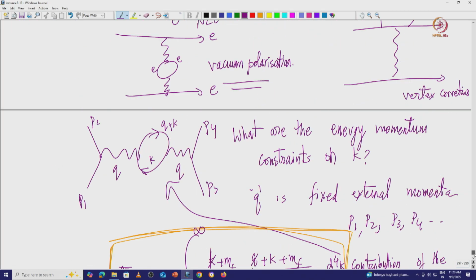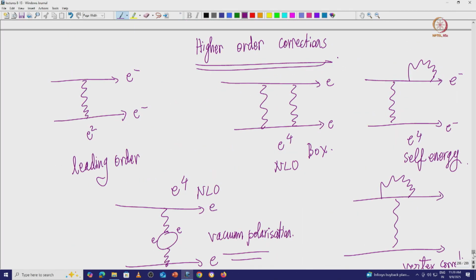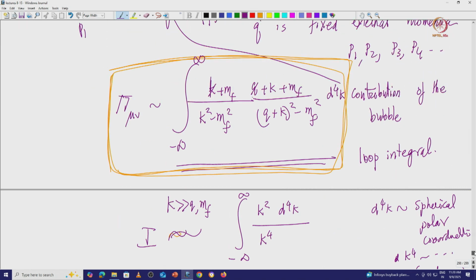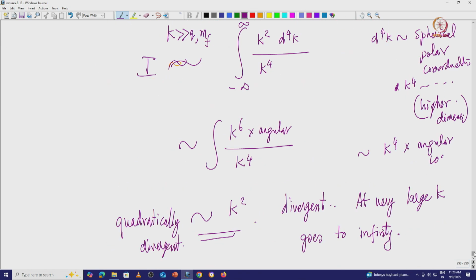Either you deal with it, you say that my theory is unphysical at higher orders, or maybe this is just a fictitious thing. It is fictitious because of the way we are doing the theory. Why is it fictitious? These UV divergences are fictitious because you are using free particle wave functions all through.